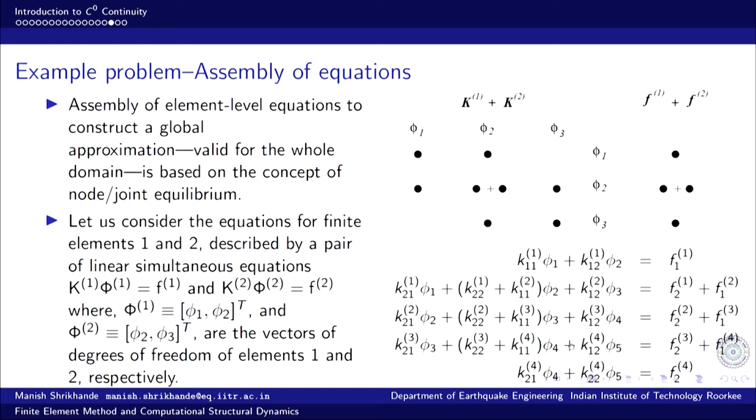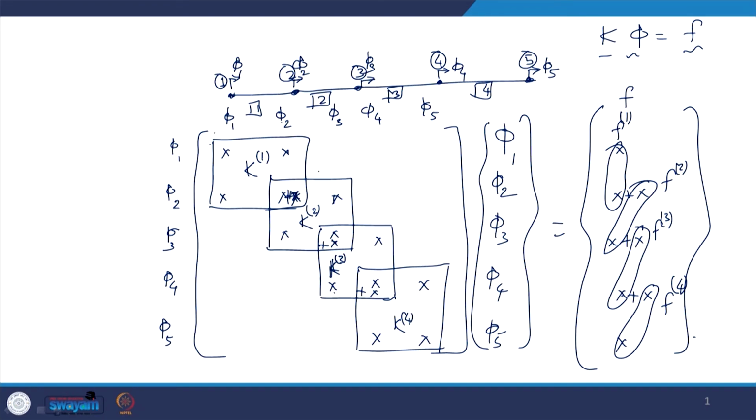Now, these equations have a very interesting structure. If you look at it, it is a banded structure. Just look at this system, it is a banded structure, this is entirely 0. The degrees of freedom have a very localized effect, they can influence only adjacent elements.